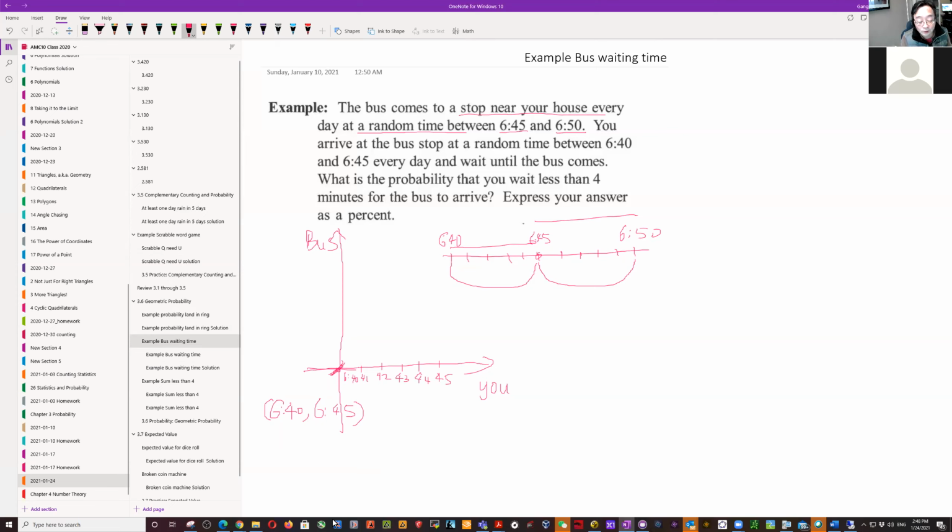Horizontally, it represents the time in this style. And vertically, it starts from 6:45 and goes 46, 47, 48, 49, and 50. So basically, it is labeling the time differently.